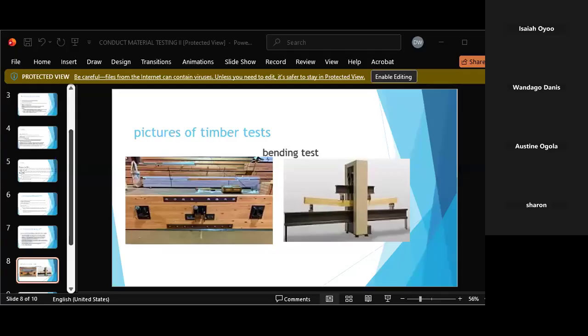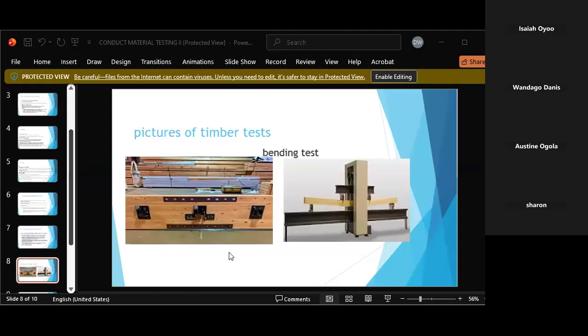I can show you one of the bending pictures. Here you can have a look. Yeah, that's the picture of the bending in timber.